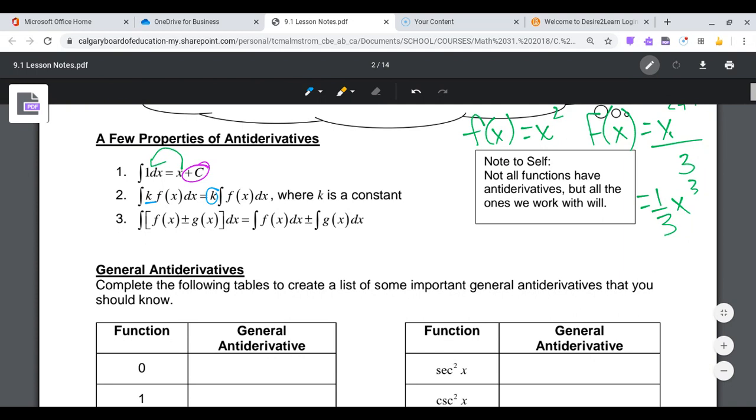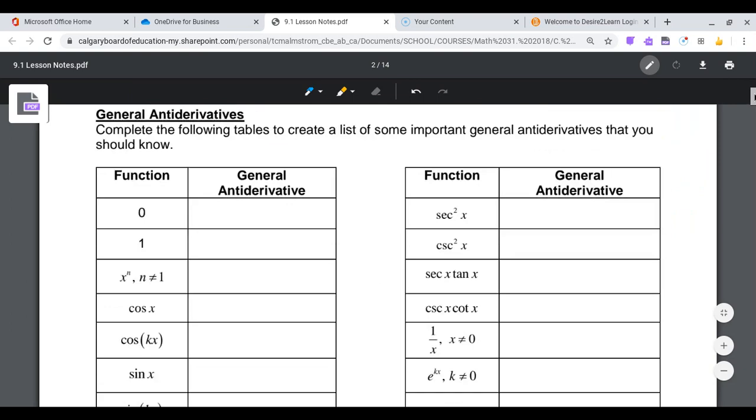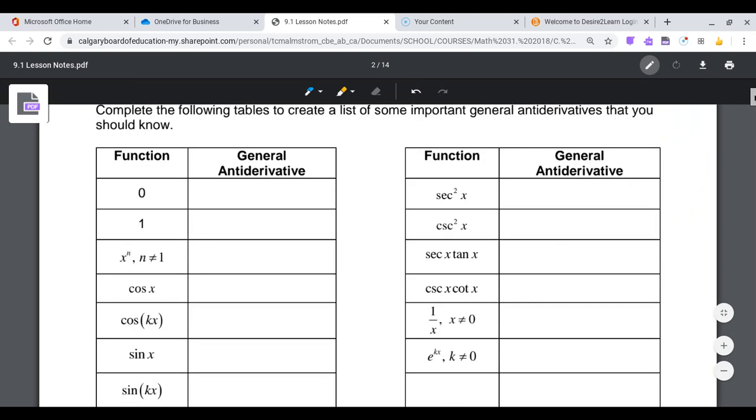Another property is if you're adding or subtracting two functions that you're asked to take the antiderivative of or to integrate, you can separate them, and then add or subtract them afterwards. All right, we're just going to go through a whole bunch of general antiderivatives here and think about what they would be. So if I have a function of 0, the antiderivative of that would have had to have been a constant, right?